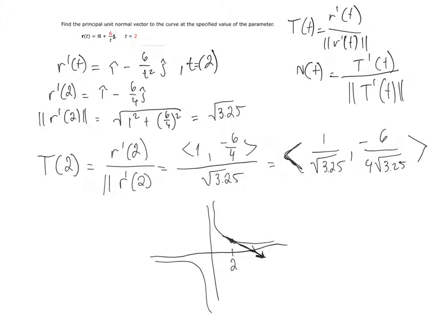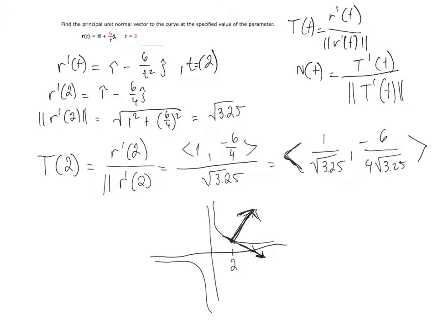And your principal unit normal vector is always perpendicular to the tangent vector, and it always goes inward into the curve. So it always goes inside the curve. So this is your normal vector right here.